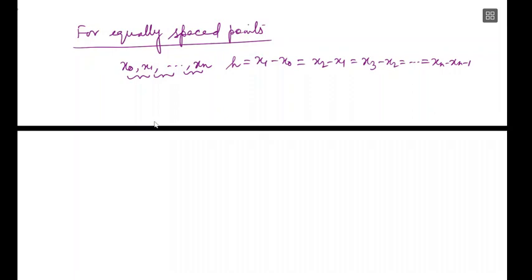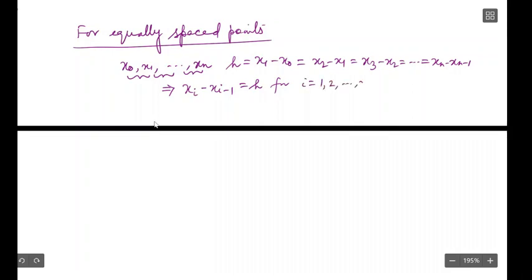So what we can write? We can write xi minus xi minus 1 equals to h for all i, for all i equals to 1 to n. We are not taking i equal to 0 here because x minus 1 is not defined.